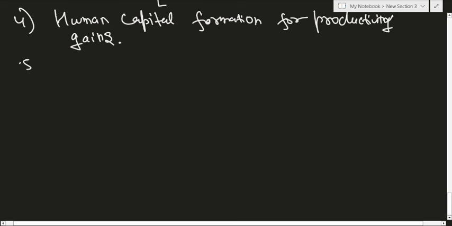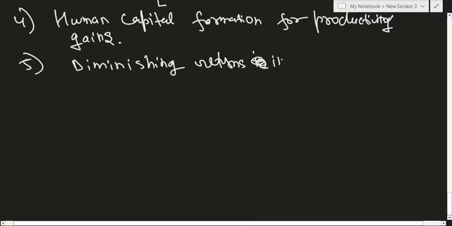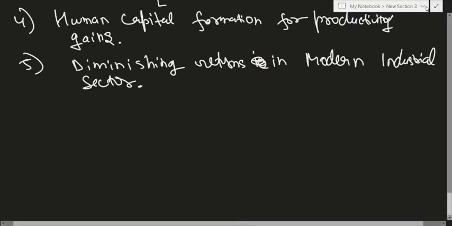And there's also a question mark on diminishing returns in the modern industrial sector. But empirical research has told us that there are increasing returns. Diminishing returns in the modern industrial sector. So this was all about the Lewis model.